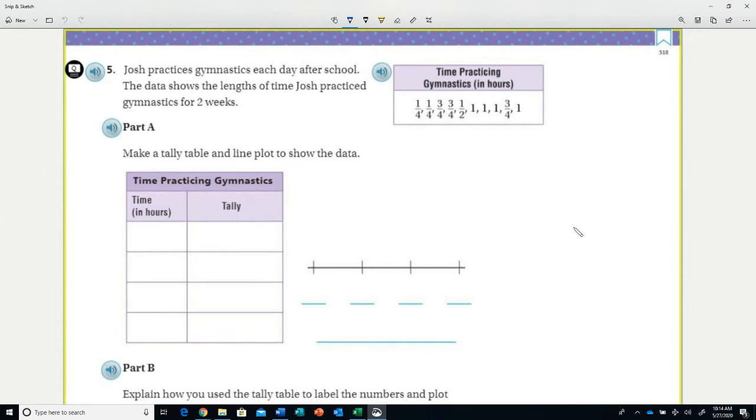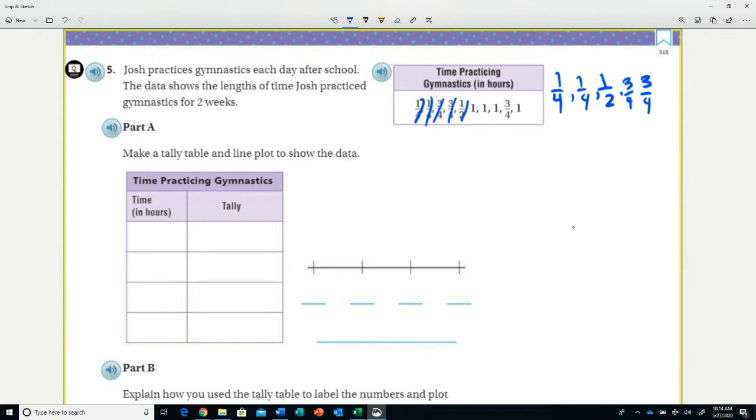So first thing you want to do is you want to list your numbers in order. So 1/4 is my smallest. So I'm going to do 1/4. I see it for sure twice. So 1, 2. Yeah, there's only 2. My next is 1/2 or 2/4. I only see that one once. Then I have 3/4, 3/4.